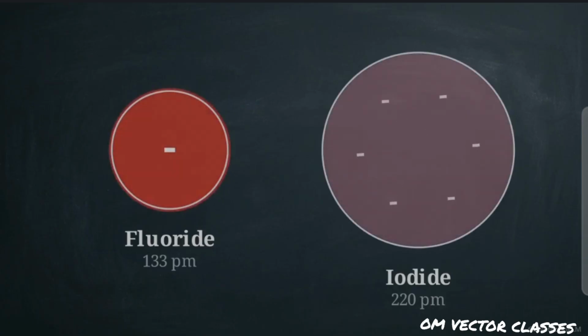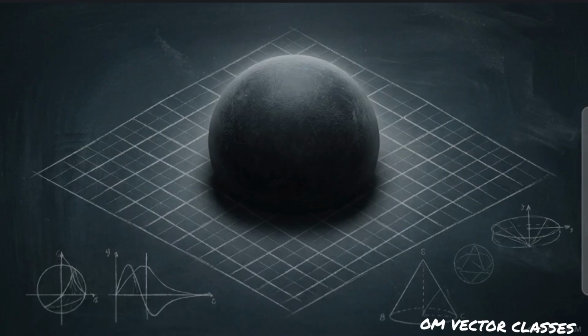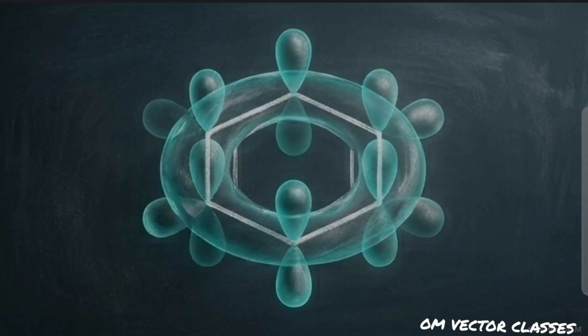Iodide's massive volume allows the same charge to diffuse over a larger area, dropping charge density and decreasing energy. When evaluating elements vertically down a group, the ability to physically diffuse charge over a larger atomic volume dictates stability, overriding pure electronegativity. The second stabilization factor is the mesomeric effect, routinely referred to as resonance.